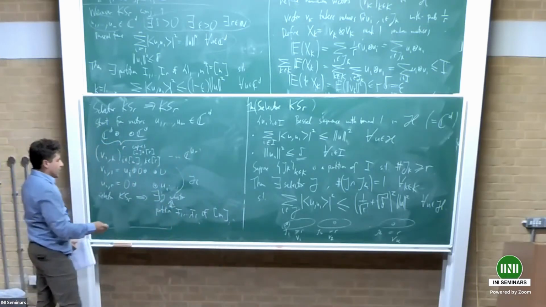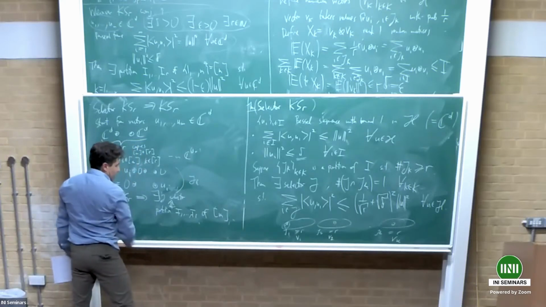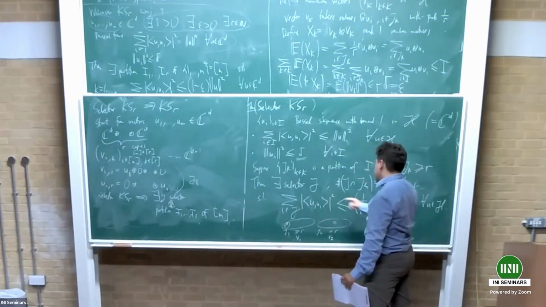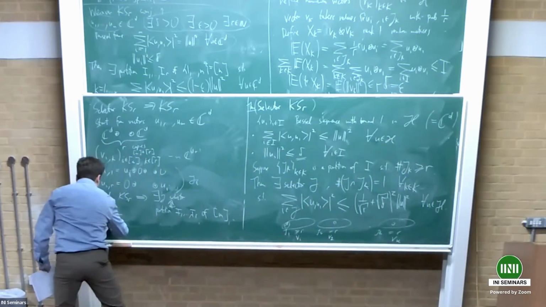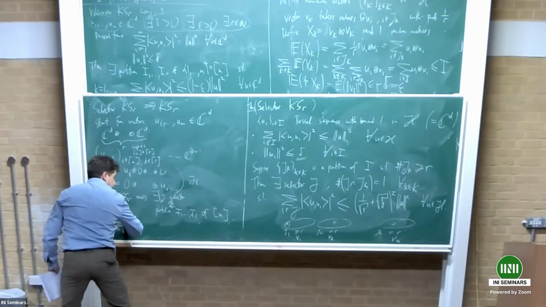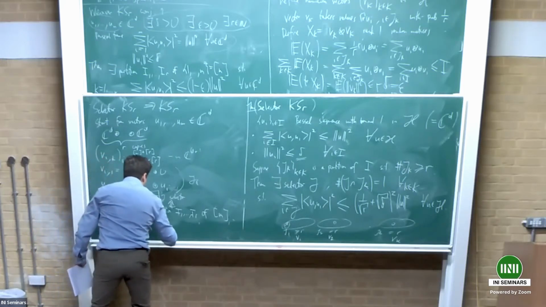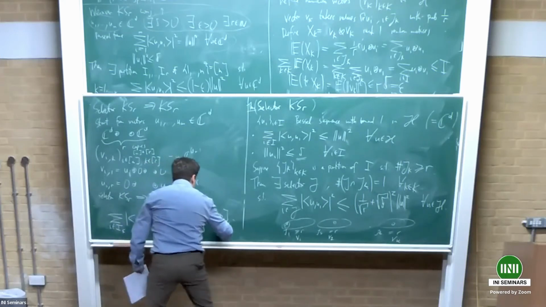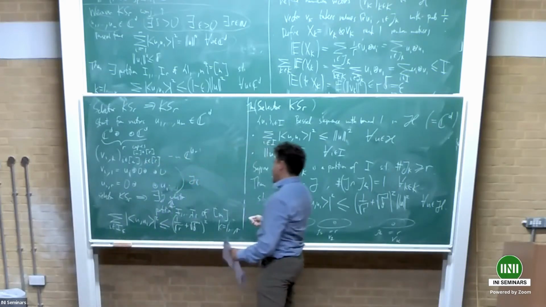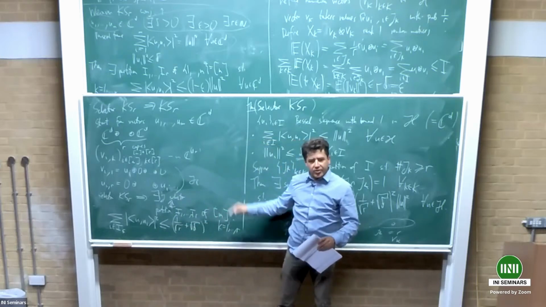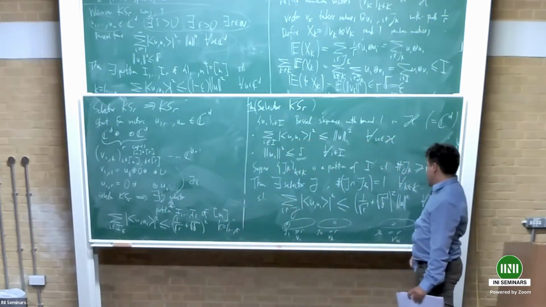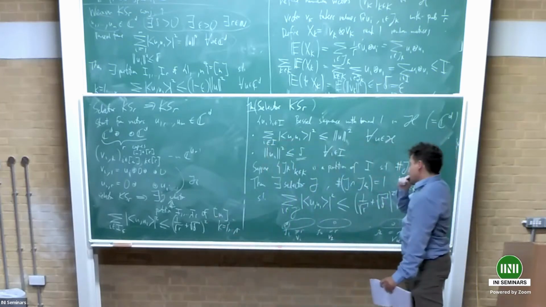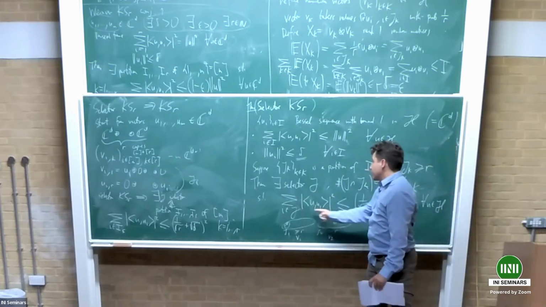Then we get this kind of bound for the vectors UI, less than or equal to the same quantity, on each subspace.